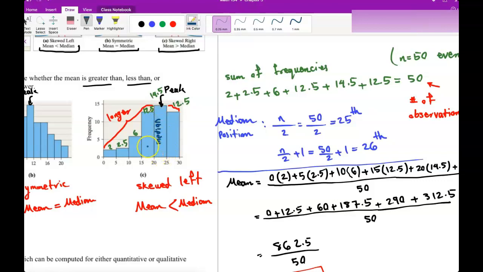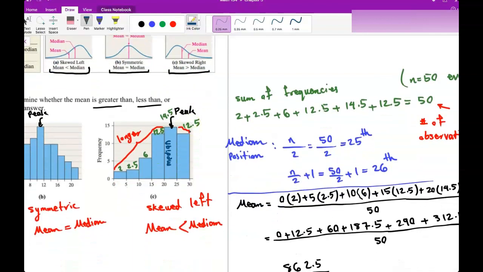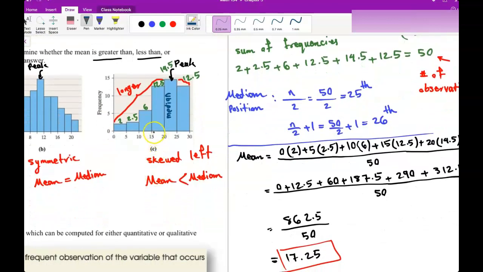Our median is here, and our mean, based on what we have here, is approximately in between, so it should be somewhere here in between, and that is 17.25. Okay, so it should be there. Here is our mean. And mean is less than median. So mean is less than median.